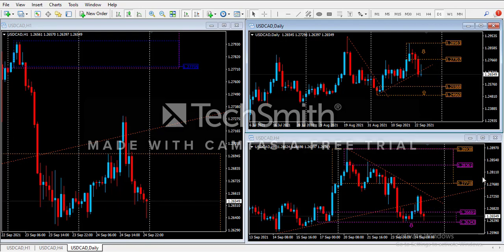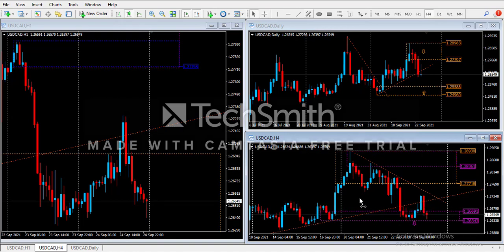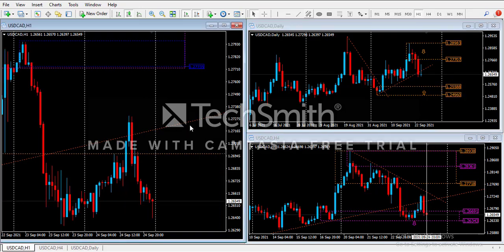On the 4-hour chart, at this time we have nothing because we are waiting to break this demand area on the 4-hour chart, and from there dropping to the demand area on the 1-hour chart.